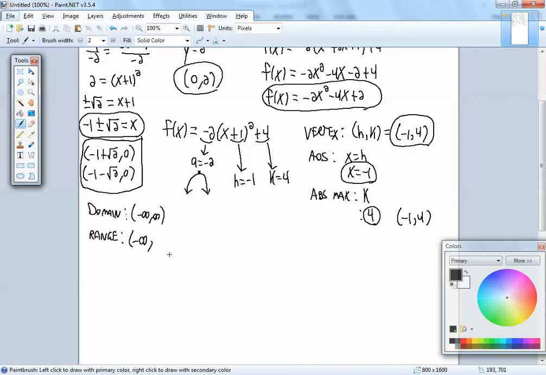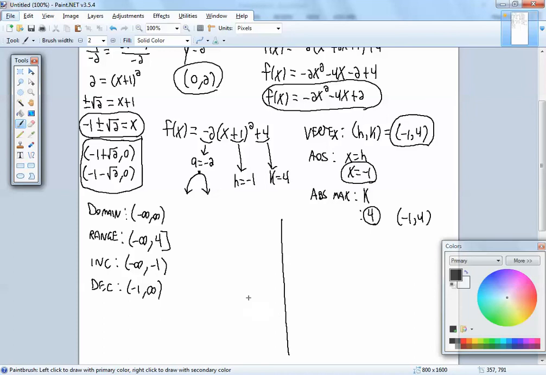The y part of our vertex is 4. Now our graph initially is increasing, I can see from this. So it's increasing from -infinity, and it stops increasing at the x part of our vertex, which is -1. And then you can see your graph's going down, so it's decreasing. So it's decreasing from -1 to +infinity.